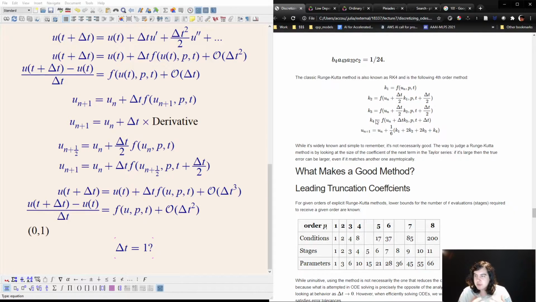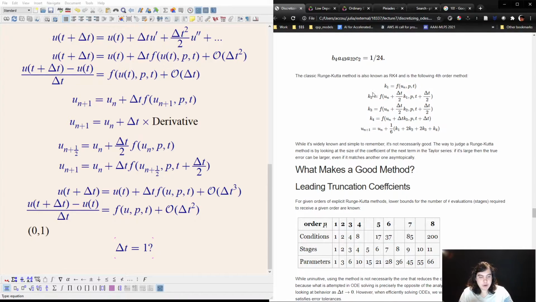So you need 7 stages to get your fifth order method, and then this starts to grow kind of exponentially. I think it's like 27 function calls for the 7th order Verner method. Is using a 7th order method actually better than just using delta t over 27 and using Euler's method? Well, let's look at a few plots to understand what's actually going on.